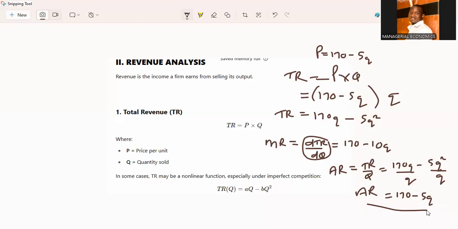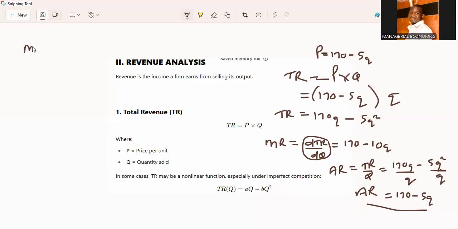Are we together? So when they ask you to maximize revenue, anything maximize or optimize, you equate to 0. So marginal revenue equated to 0, we are maximizing revenue. In this case, we want to find the units that will maximize revenue.